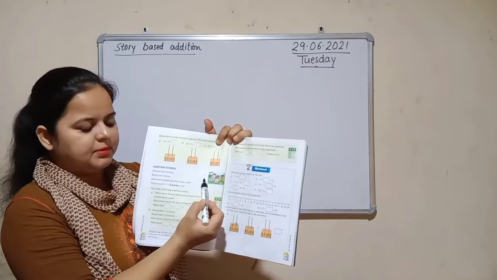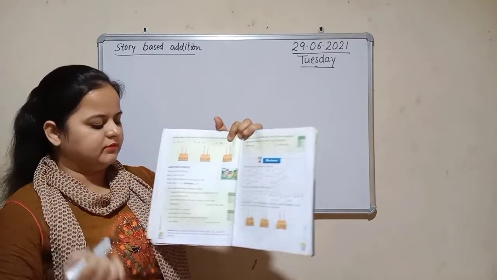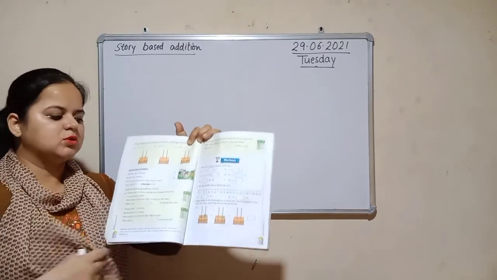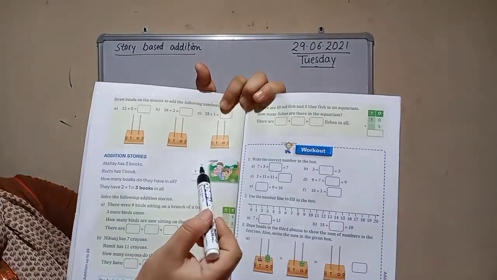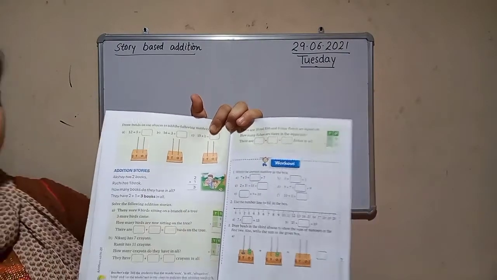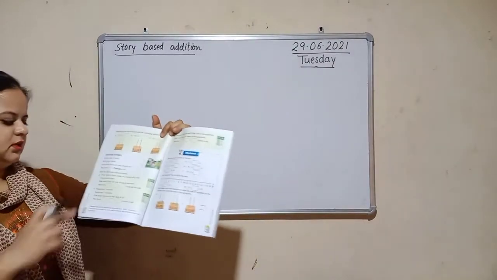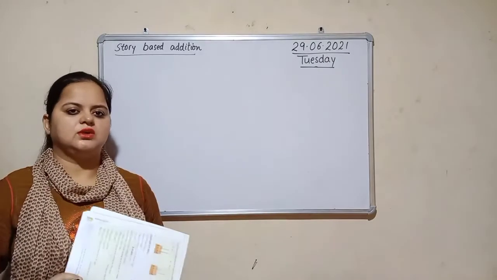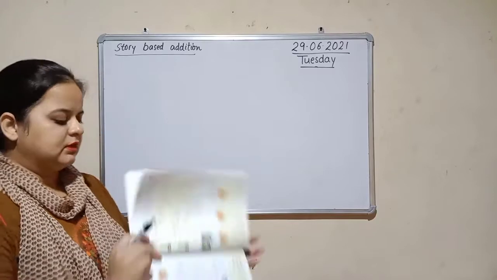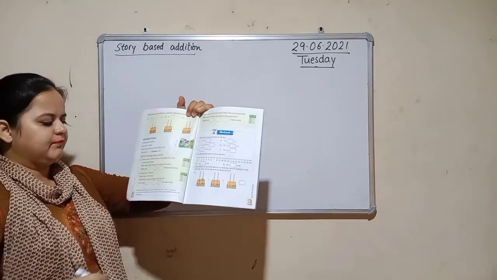Here below the 2 we will write number 1. How many books do they have in all? उनके पास total books कितनी है? तो see, we have done the addition, 2 and 1, 3. So they have 3 books in all. उनके पास मिलाकर अब कितनी books है? 3.